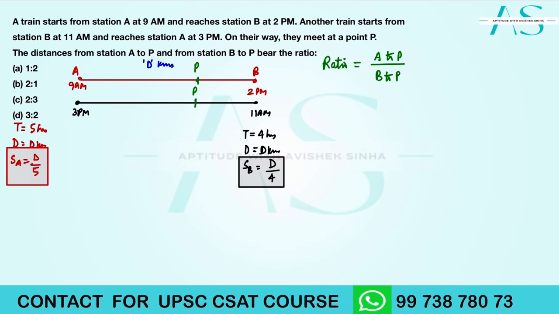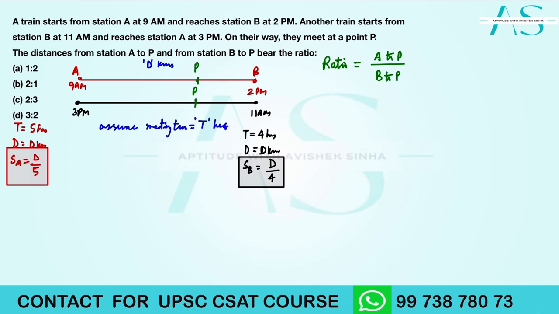Now, can we use certain data here? One of the data is, when they meet at P, after how much time are they meeting? So we can assume they meet, or the meeting time, as T hours. They meet after T hours.